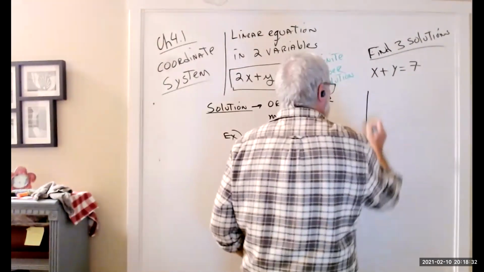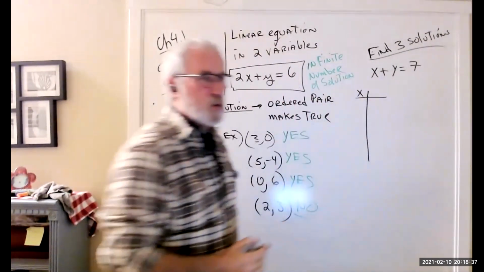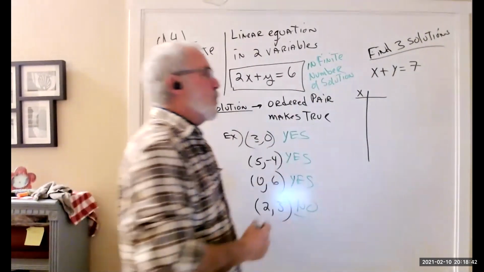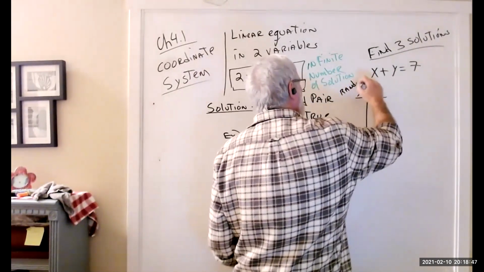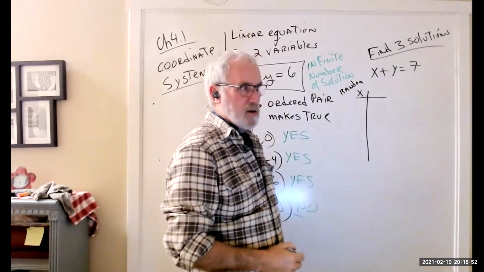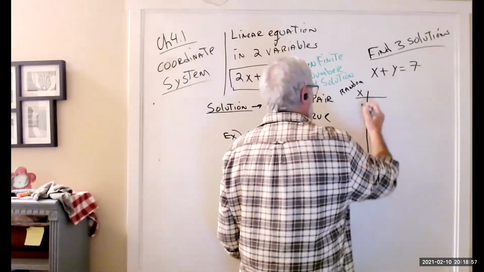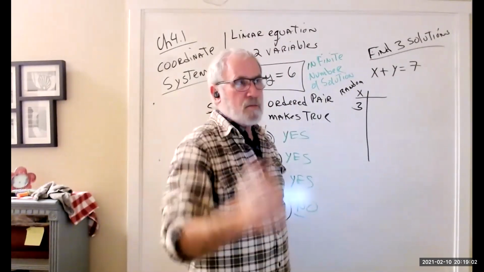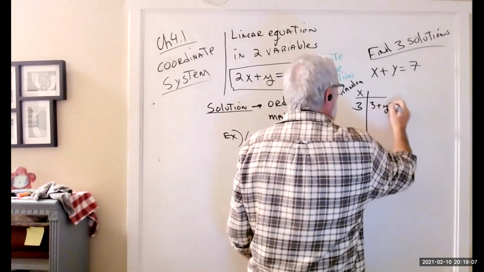The typical way we teach this is we build what's called an XY table. And we randomly pick any number you want for x and plug it in. So 3, random. I just pick an x. 3, plug it in. 3 plus y equals 7.